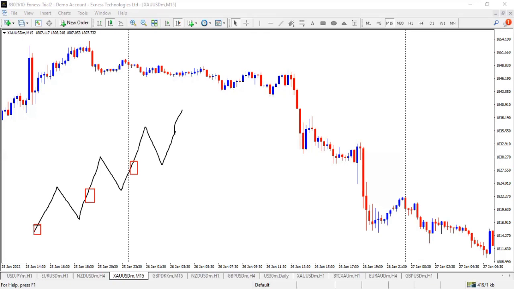So for the order block, let's assume these are our downtrend.